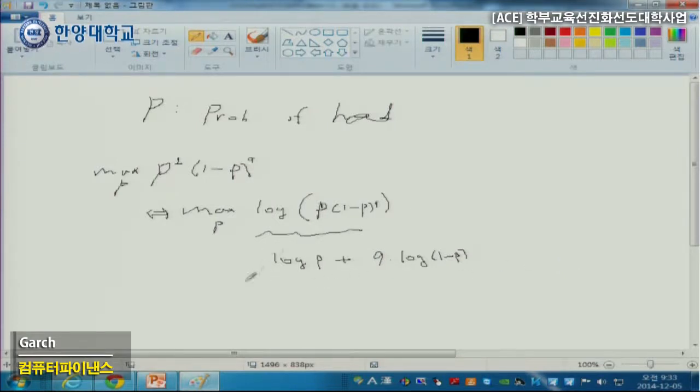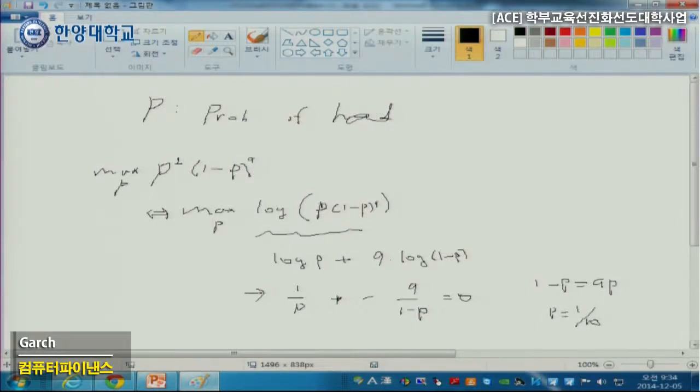So the derivative of this one is 1 over P, plus, actually there is a minus over here, so minus 9 over (1 minus P). And then we want to set this to 0. Then if we multiply both sides by P(1 minus P), then 1 minus P equals 9P. So P is 1 over 10.